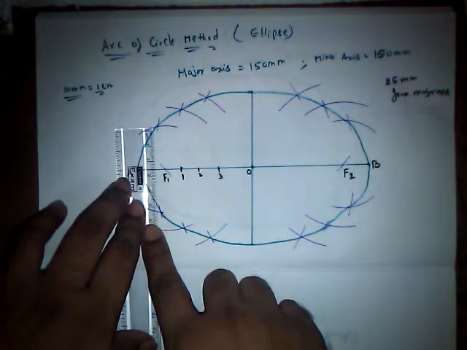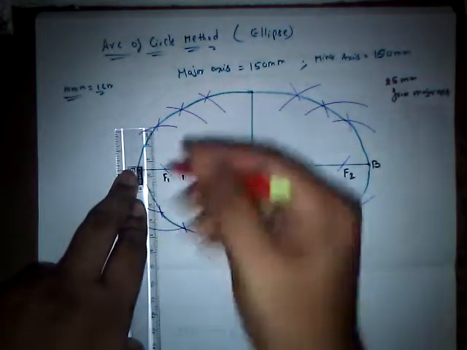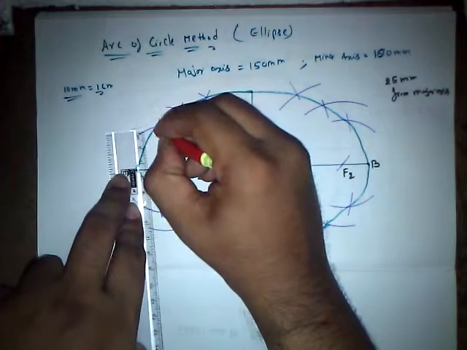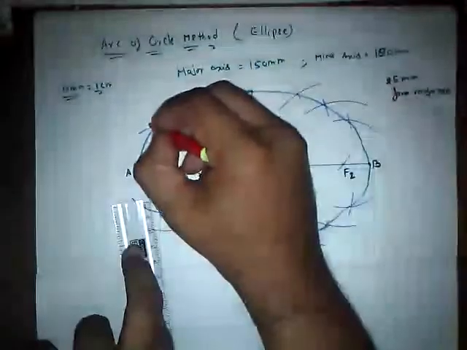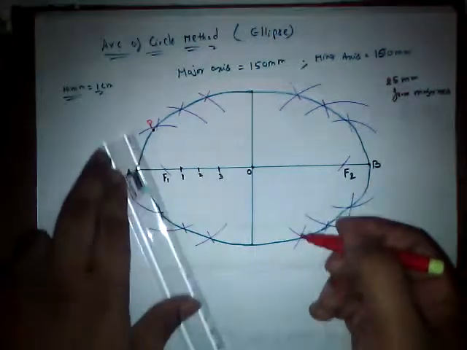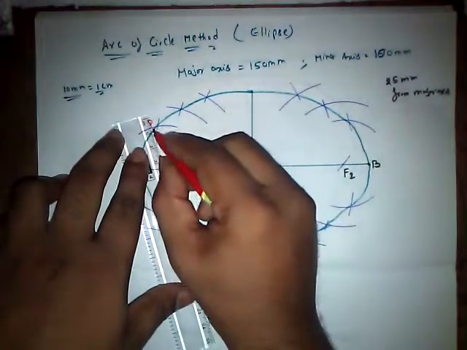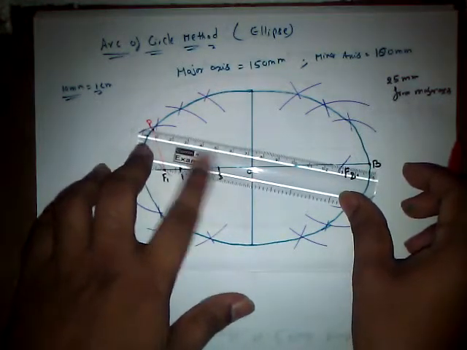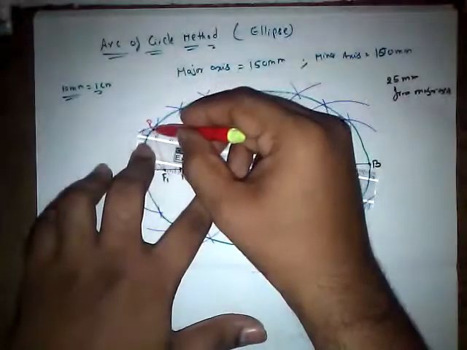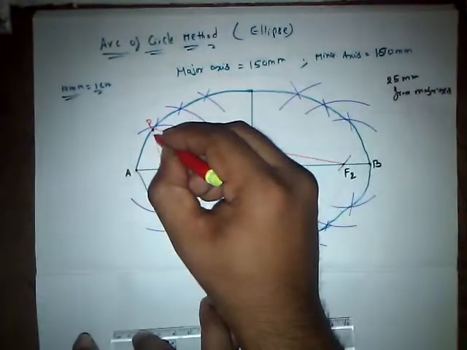I got a point P on the curve at this particular point. So this is point P. What we shall do is join point P to the foci F1 and F2. Here we get a certain angle theta.